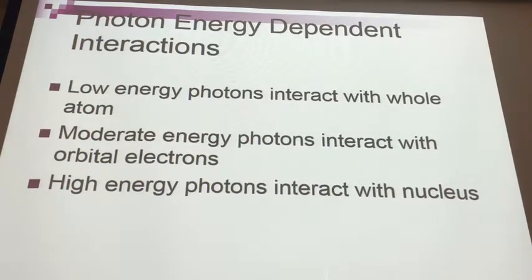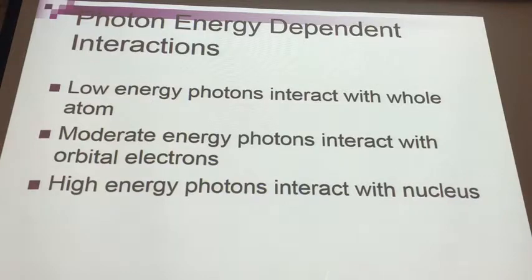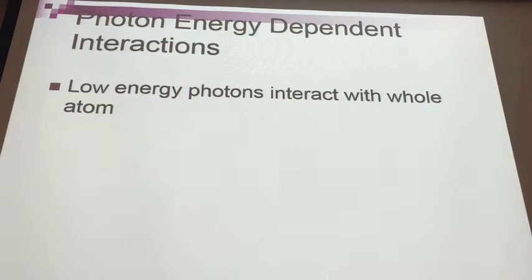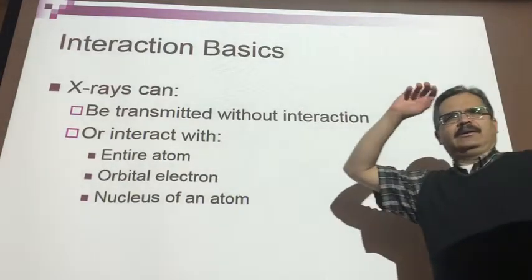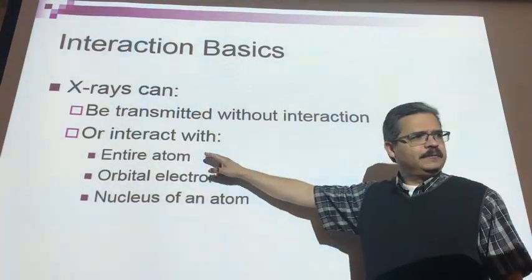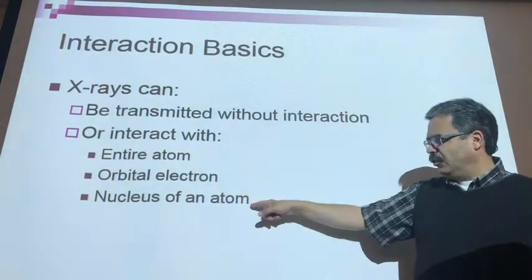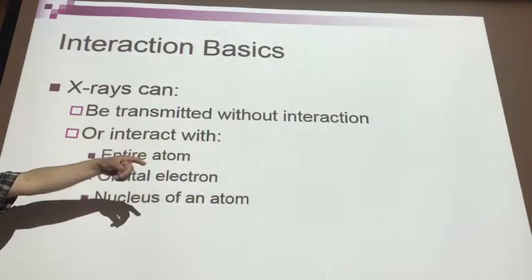All right. So what I was saying before, if you look at the previous slide, what I said is, X-rays can be transmitted, or X-rays can interact with the entire atom, the orbital electrons, or with the nucleus. And so what we can add here is what I'm saying in the other slide.